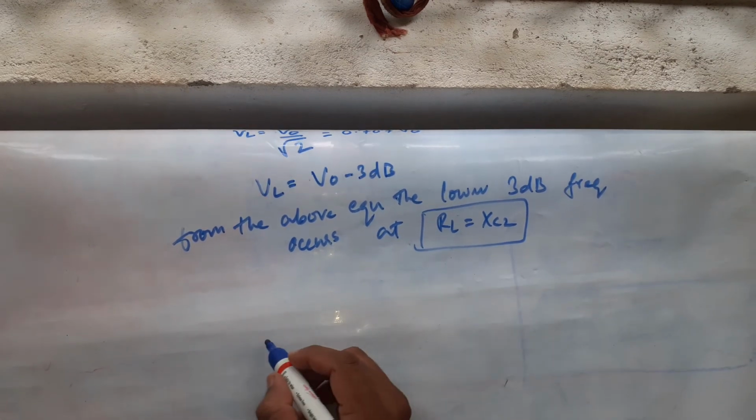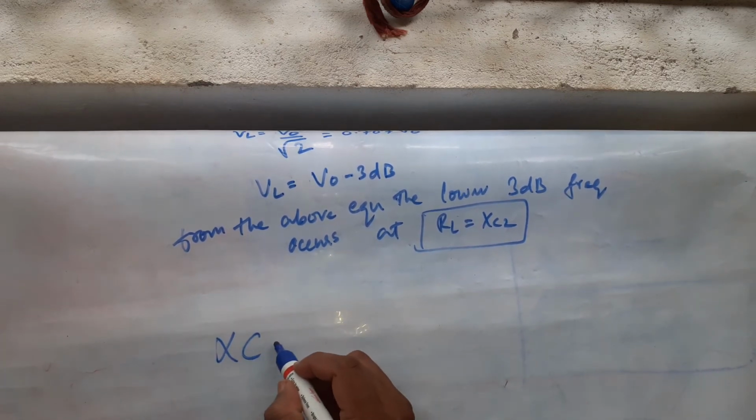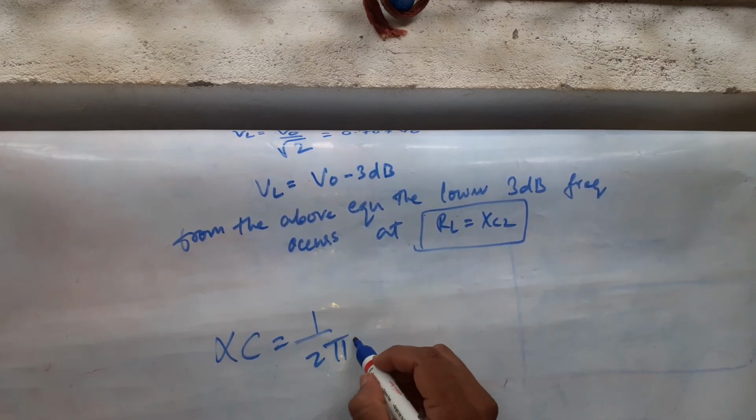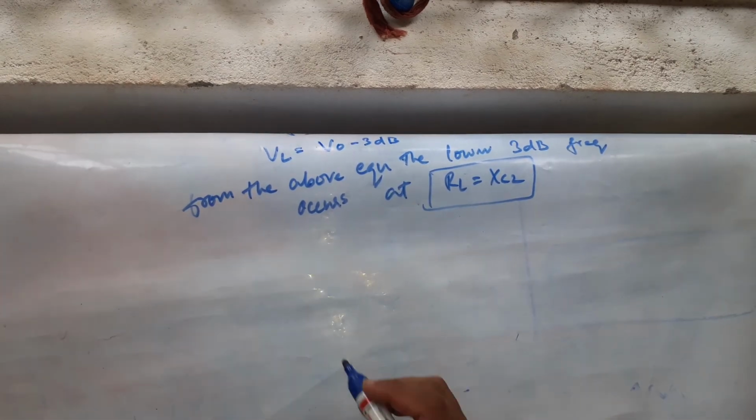Now, therefore, we know that XC is equal to 1 over 2 pi FC. So, like the previous thing, I am going to replace this.